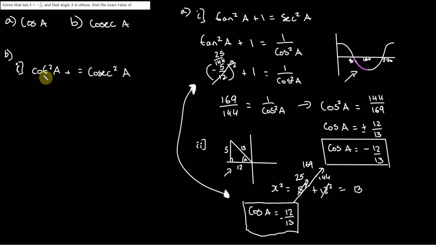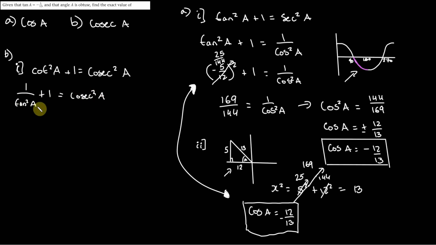Force of habit, I suppose. And right, so we know what cot is. We need to solve for cosec squared A. So let's rewrite cot. We know cot is 1 over tan, so 1 over tan squared A, and oops, that should be plus 1. Got ahead of myself. Plus 1 equals cosec squared A.